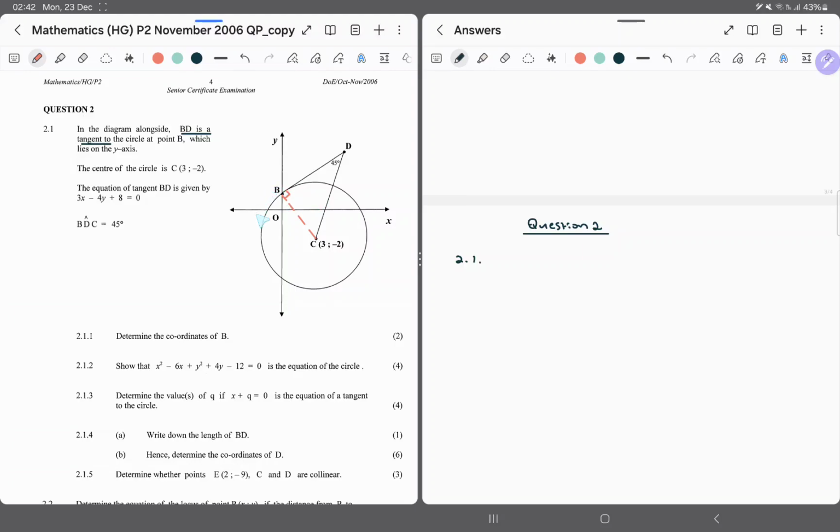So we know the radius is perpendicular to tangent because that is the idea. And now we can clearly see that if this is 90 and that is 45, this one should also be 45 degrees. So if these are each 45 degrees, it already suggests that the tangent is equal to the radius.